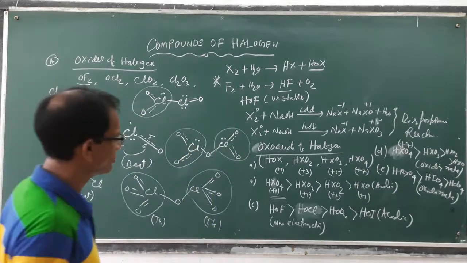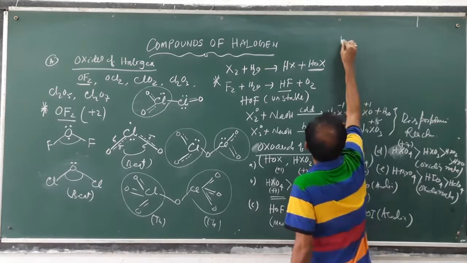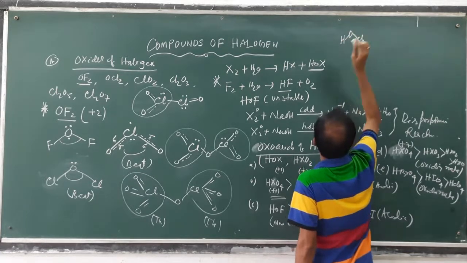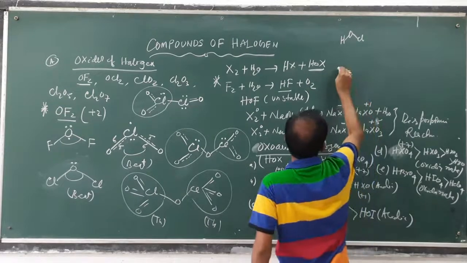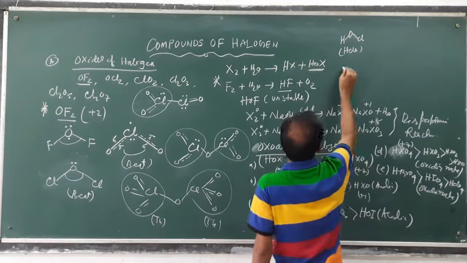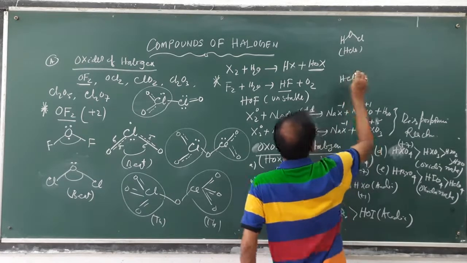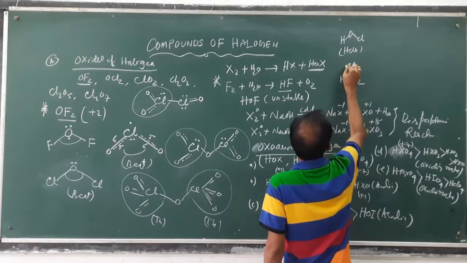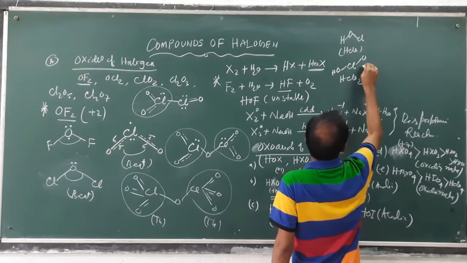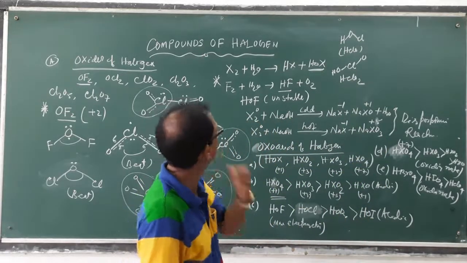What are the structures? If you see the structures, hypohalous acid will be HClO. Then HClO2 will be with OH, then the remaining.